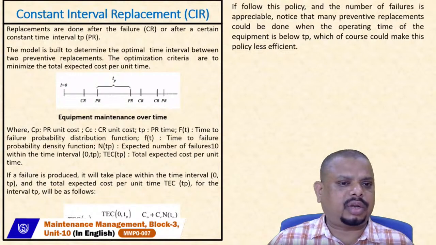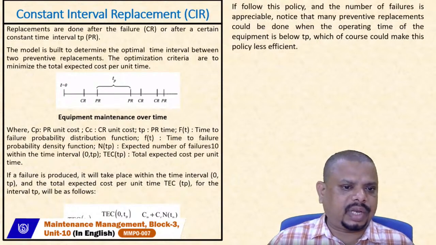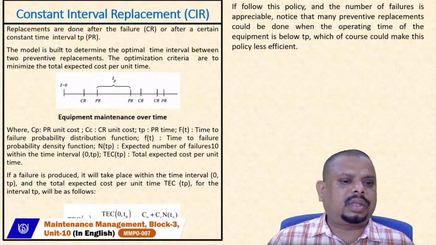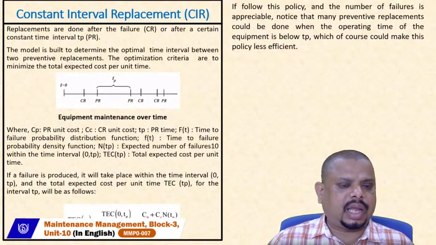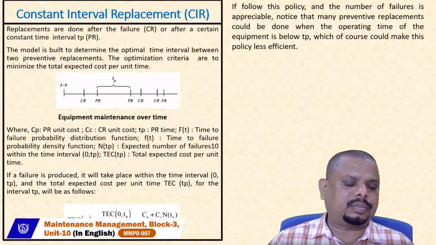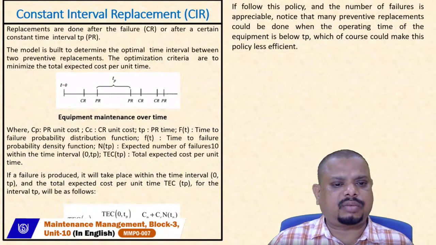This is the initial point, the initiation or installation of the machine. Then CR stands for the failure replacement. The next is PR, the preventive replacement, and between PR and PR you can find TP. So TP is the constant time interval.